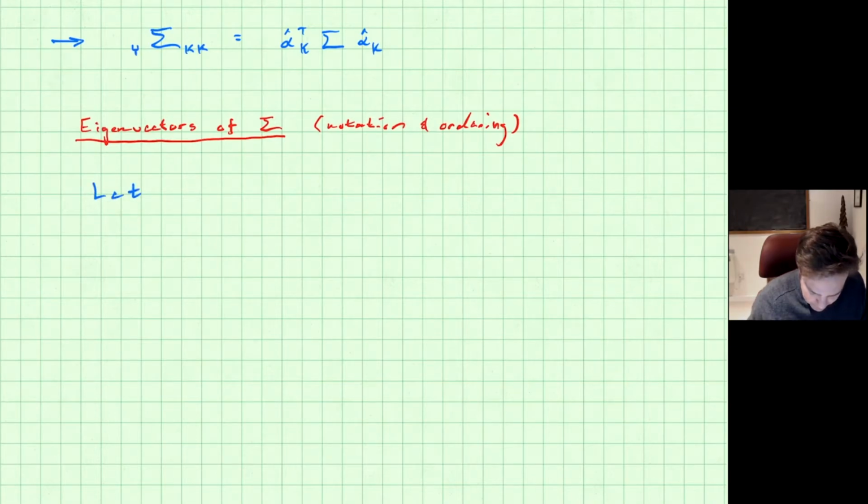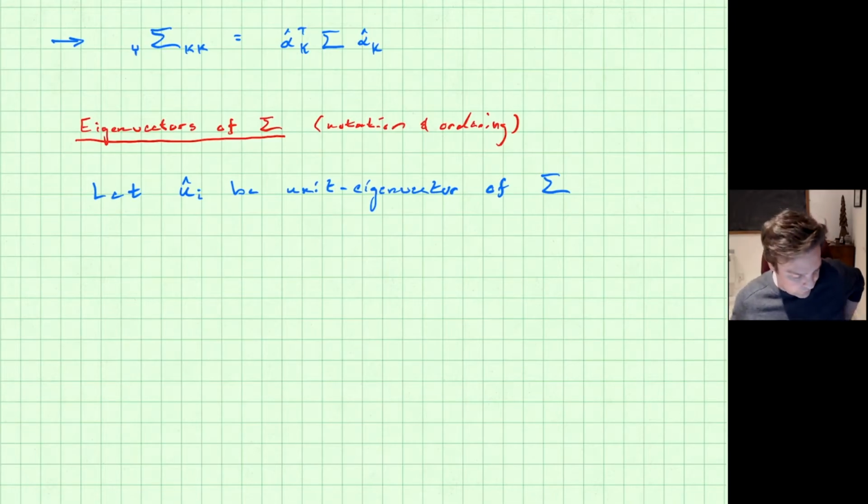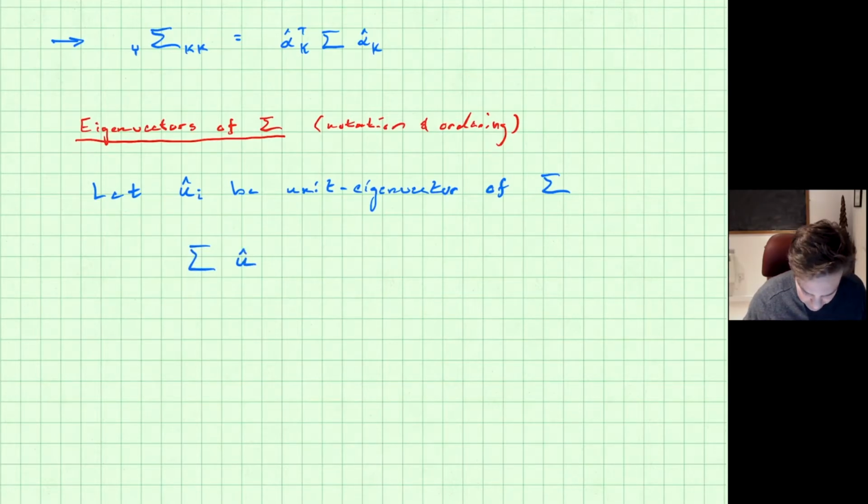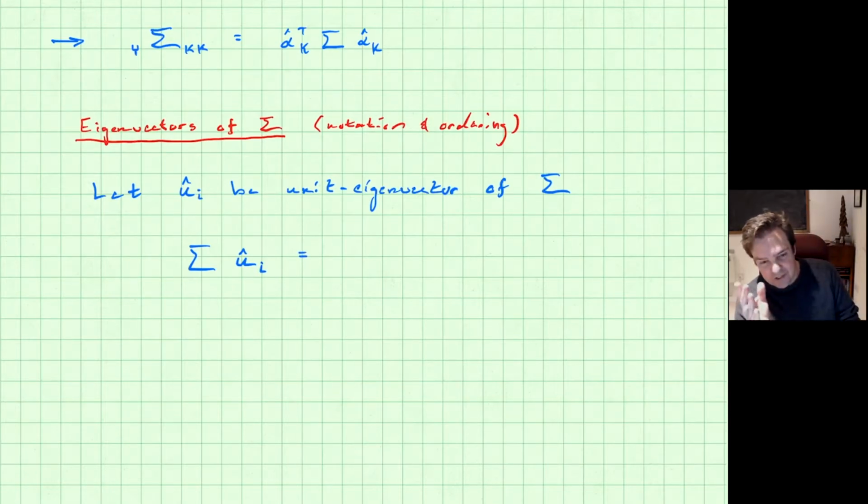let the eigenvectors be the unit ones, u hat i. So let these guys be unit eigenvectors of the matrix sigma, the covariance matrix for X. And what that means, of course, is that the covariance matrix times this guy doesn't actually change the direction.